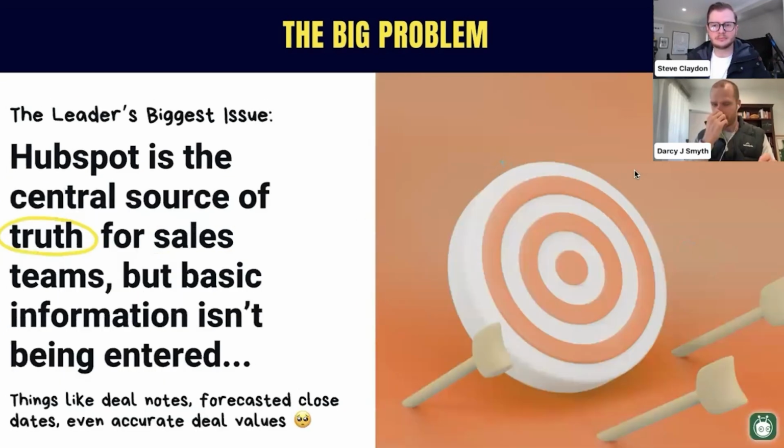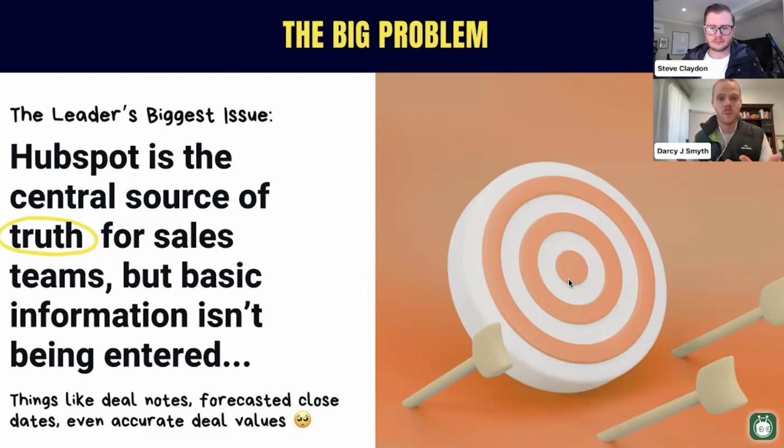Next, team. The next problem that we run into, and this will be another challenge that we want to help solve for you today and in our advanced one coming up in about a month, is that the HubSpot CRM for sales teams ultimately is what we call the central source of truth. As a sales leader, this becomes an issue when you go, hey, we're investing in this, we're not getting the most out of it, like we mentioned on the previous slide.